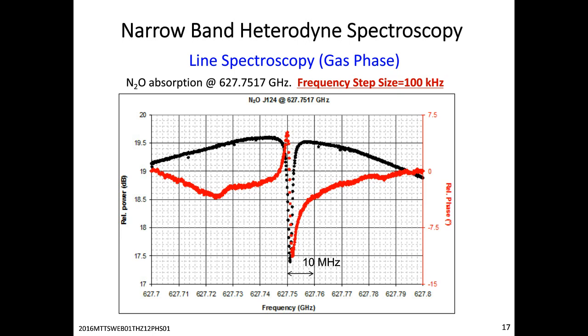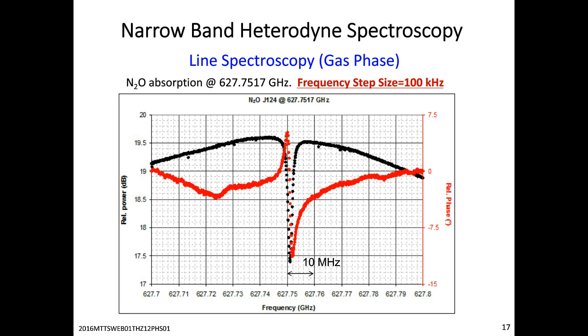You're looking at nitrous oxide, one single line of many hundreds of spectral lines that occur in this frequency regime at 627.75 gigahertz for this example. And you can see the magnitude and phase of the absorption signature for this gas under low pressure.